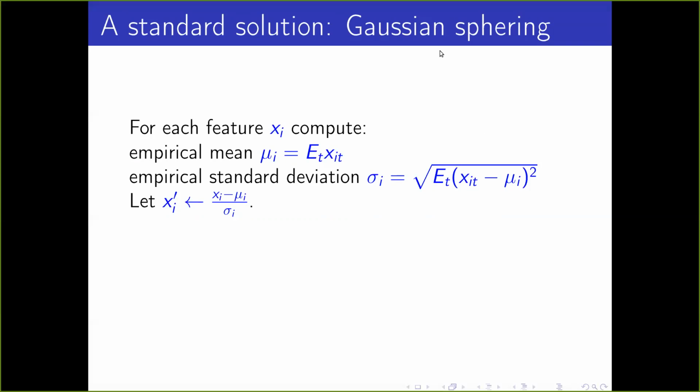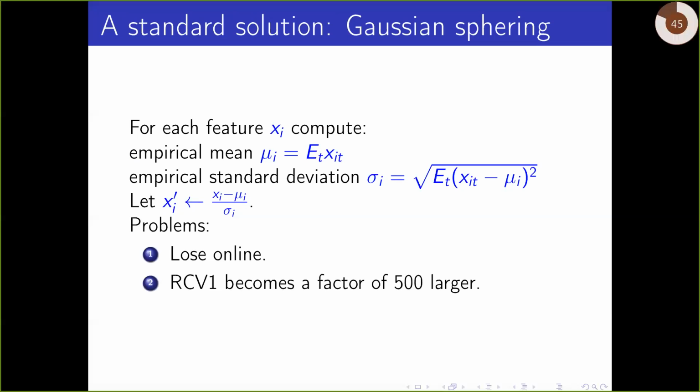So there's this Gaussian sphering approach, where for every feature you compute the mean, and then you compute a standard deviation around the mean, and then you substitute the standardized features. That's a reasonable approach, and that actually works pretty well, I think, when you can afford to do it.